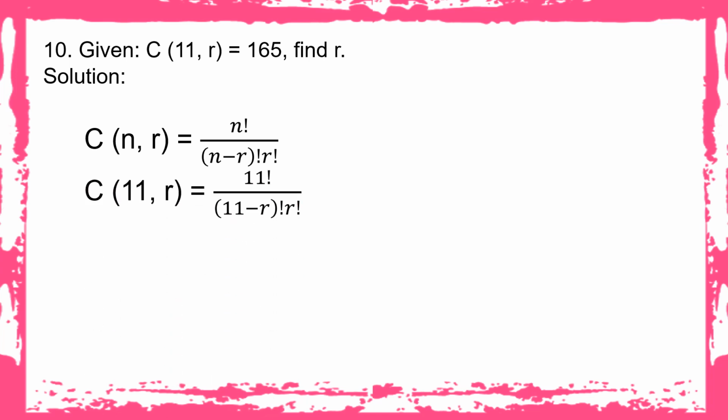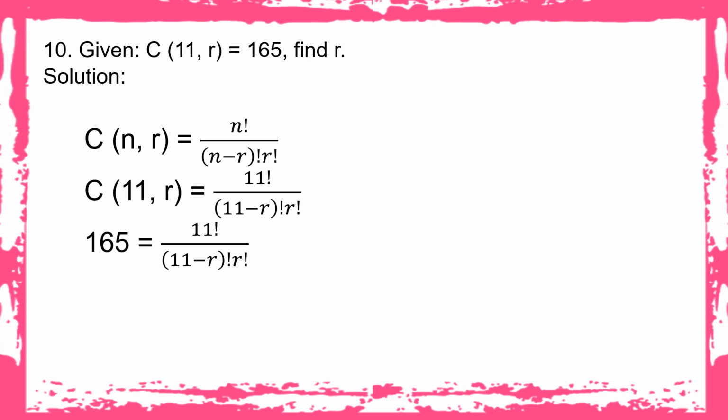Another example, given combination of 11 taken r is equal to 165, find r. Solution, we need to use the combination formula, and by substitution we have 11 factorial over 11 minus r factorial multiplied by r factorial.